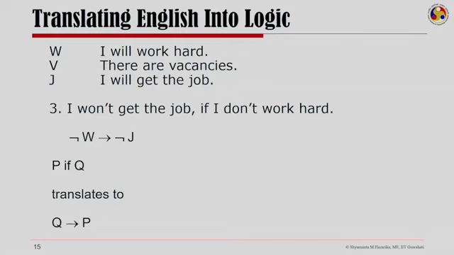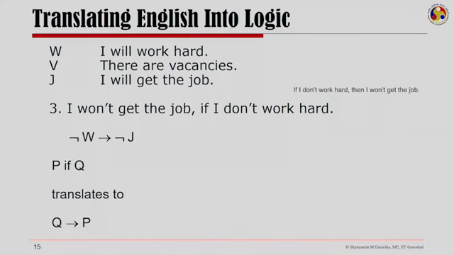If you reread this sentence, I won't get the job if I don't work hard. Actually what I meant is if I don't work hard then I won't get the job, which then clearly shows where I used if I don't work hard then I won't get the job.